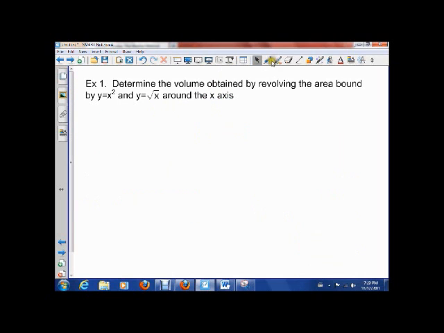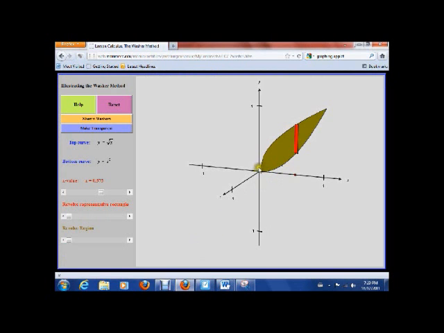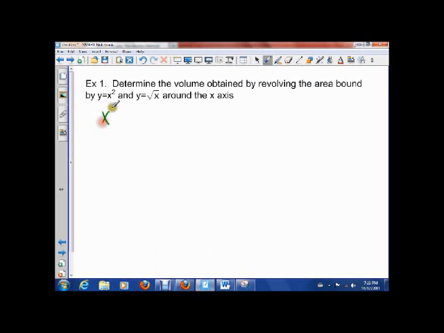So we're going to do y equals x squared and y equals root x. Okay, so here's the applet again. Root x, x squared. You can see that between 0 and 1 is where they're bounded. And again, we can find those by setting the two equations equal to each other and solving. We get x squared is equal to root x, right? Now I need to get rid of that square root, so I'll square both sides.